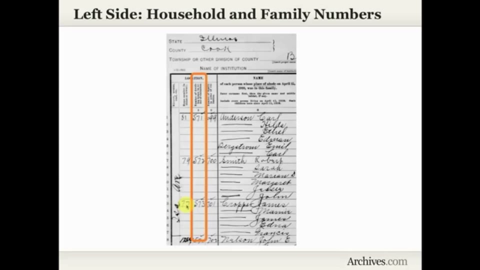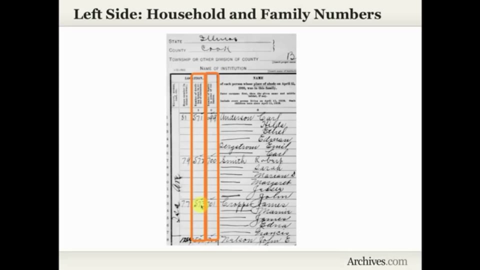So it would be just a sequential numbering of the houses that the census taker had visited. It doesn't tie in with their street address. It's just, here was the 571st house that the census taker stopped at. Here's the 572nd, the 573rd.